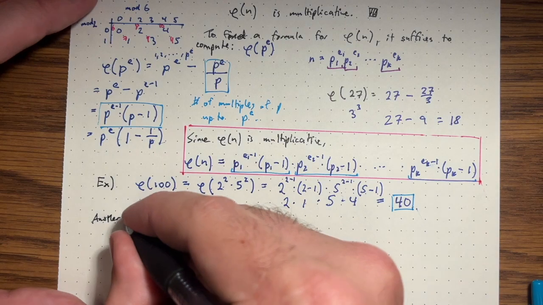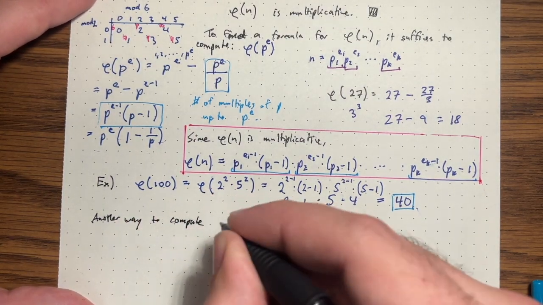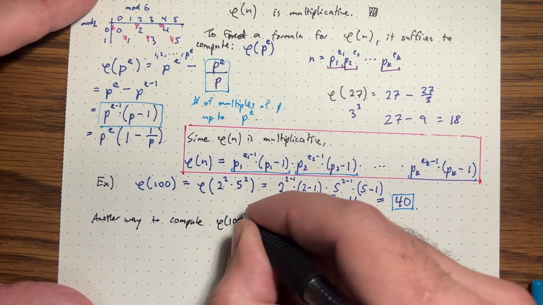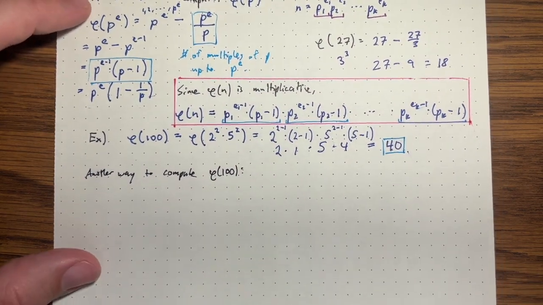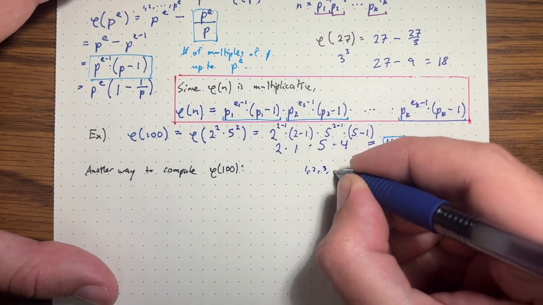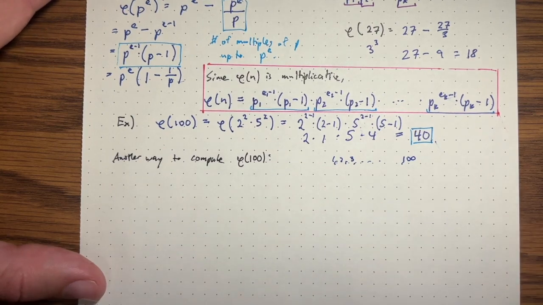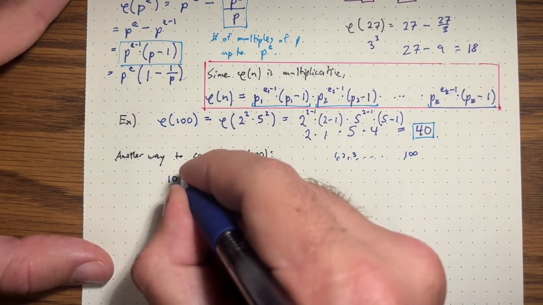Another way to compute, let's say, phi of 100, is you can imagine writing down all the numbers from 1 to 100. How many numbers are there? There are 100 of them.